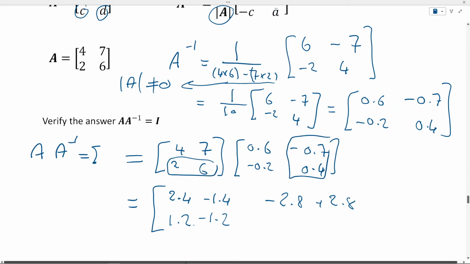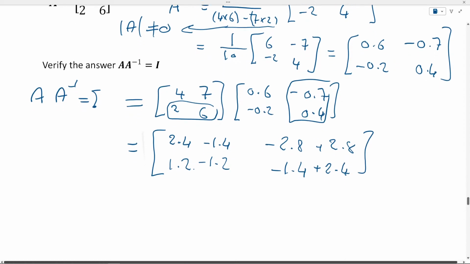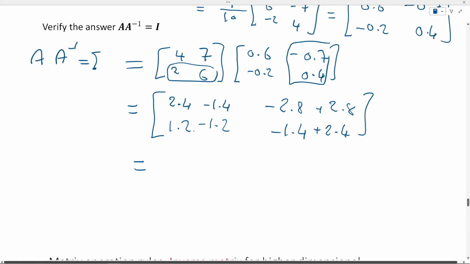So I have 2 times negative 0.7, so I got negative 1.4, and then 6 times 0.4, so that is 2.4. And what did I get? This guy minus this guy gives me 1. This guy minus this guy gives me 0. This guy minus this guy gives me 0. This guy minus this guy gives me 1.